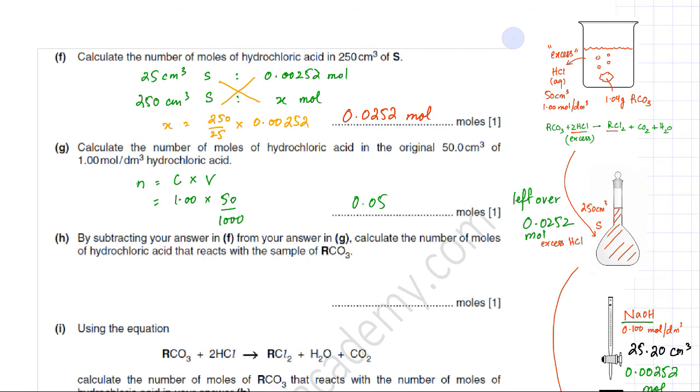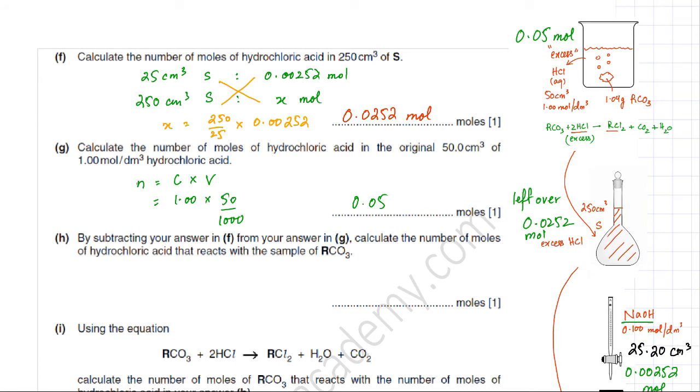So these are the moles of HCl that were originally added. So again, look at the diagram carefully. These are the moles of HCl that were originally added, and these are the moles of HCl that are left over in the flask at the end of the reaction and that were transferred into this volumetric flask.